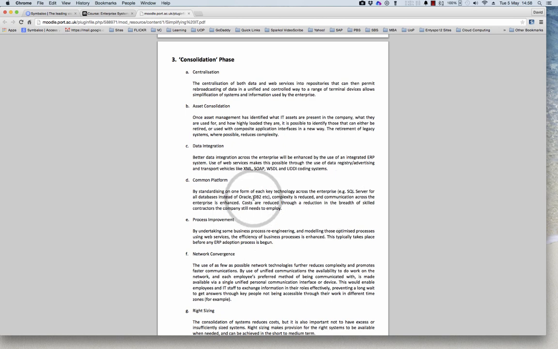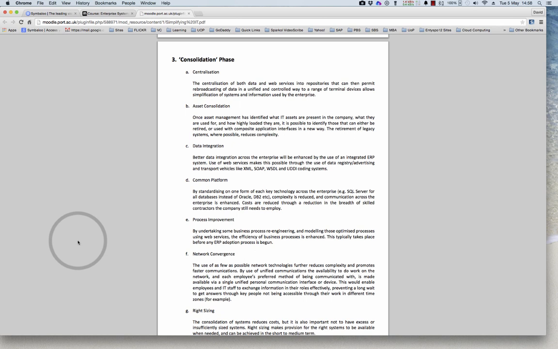It could be Oracle, it could be IBM DB2 or Microsoft SQL Server, or it could be SAP, one of the SAP databases, HANA being the obvious one. And then you go about process improvement, so you have process re-engineering, and you will probably have thought about what the processes should be like through analysing that.